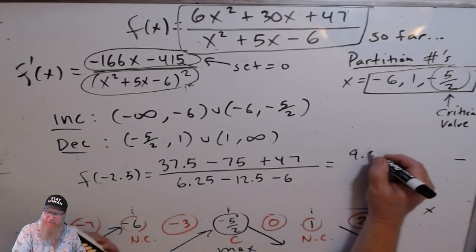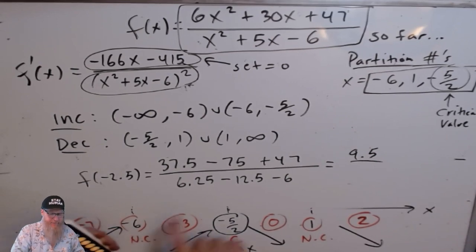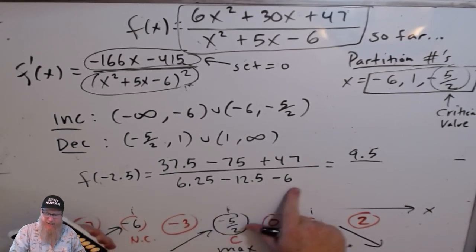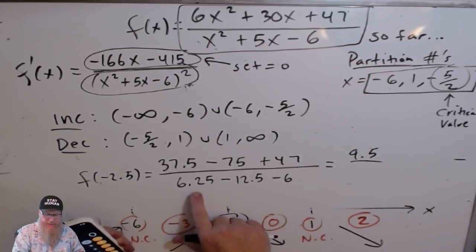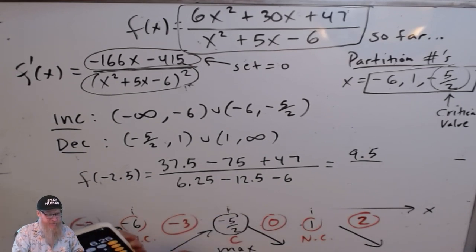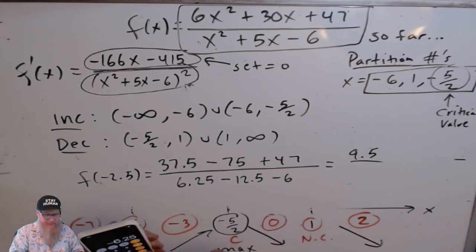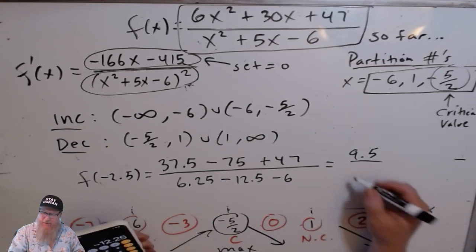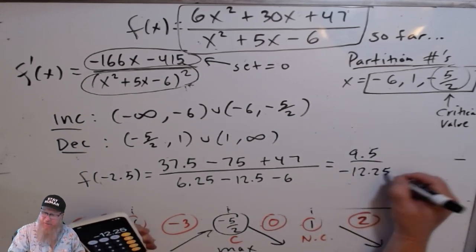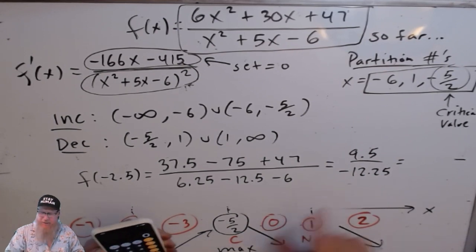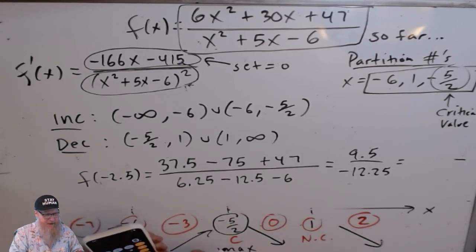It's 9.5 in the numerator. Again, this is just accounting here. 6.25 minus 12.5 minus 6 is -12.25. So I've got 9.5 divided by -12.25.